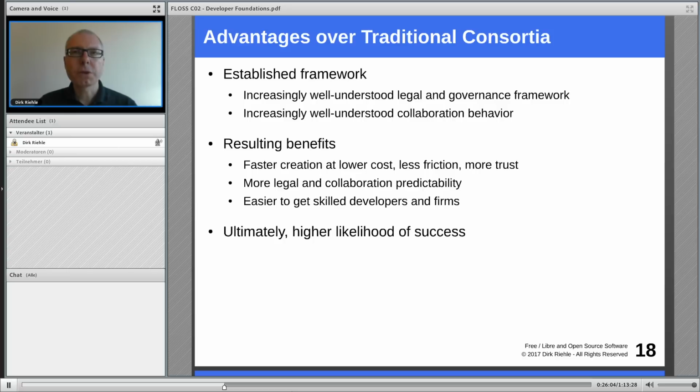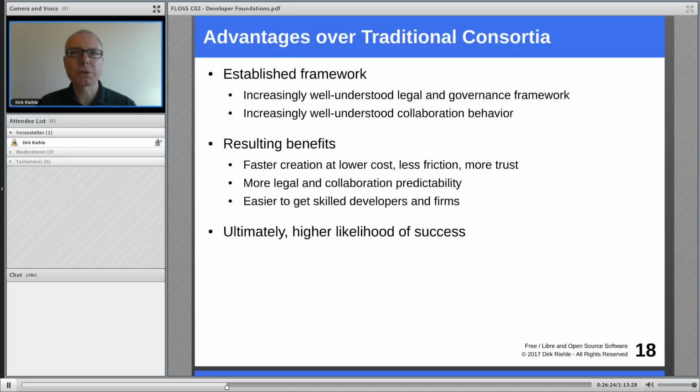When you create an open source foundation, you could also argue, well, why does it have to be open source? We'll just create a consortium and things are only available to those who are paying members of the consortium. So you're missing out on the overall benefits of open source.